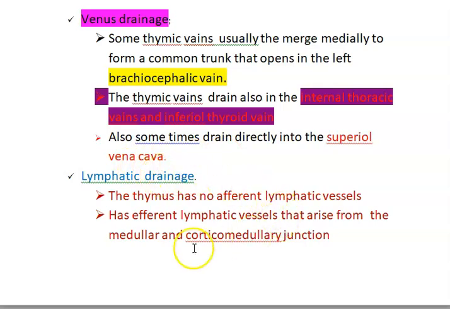All right, now how is the lymphatic drainage? The thymus has no afferent lymphatic vessels. Wow, this is very important. It has no afferent lymphatic vessels, meaning it doesn't receive lymph from other organs. Very important. It has efferent lymphatic vessels that arise from the medulla and corticomedullary junctions.